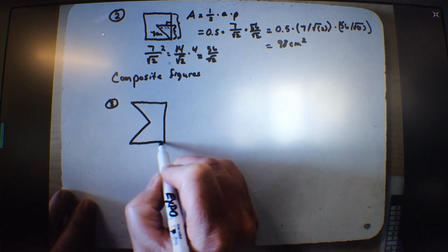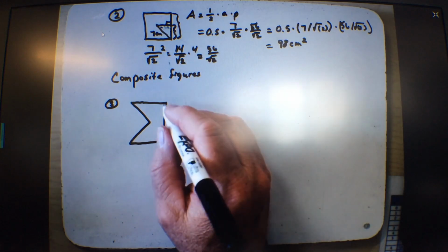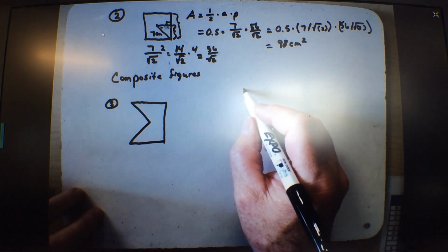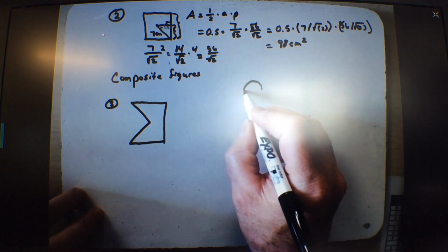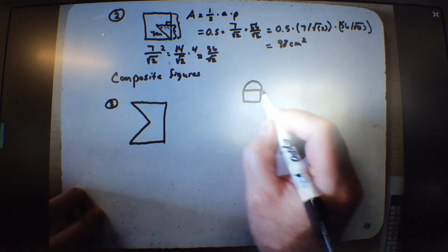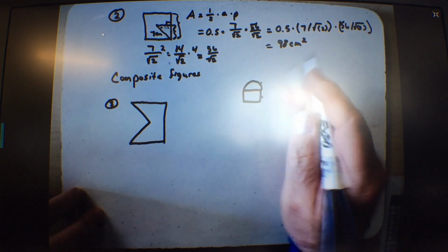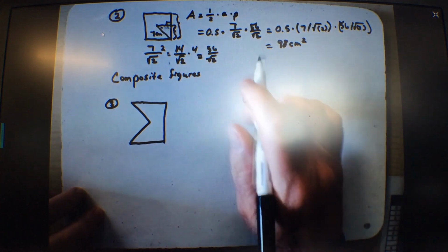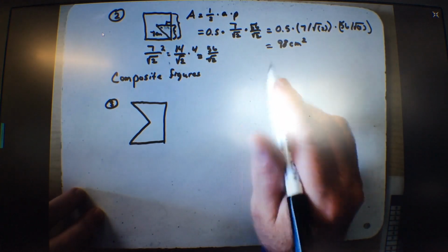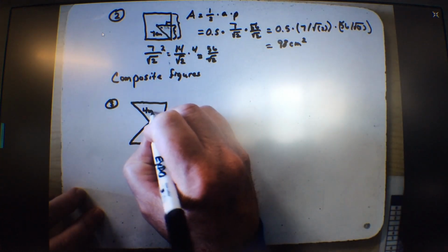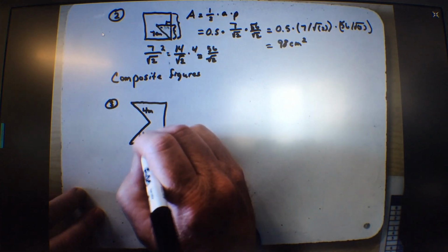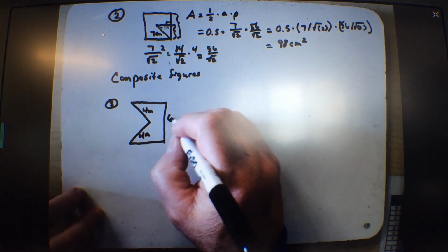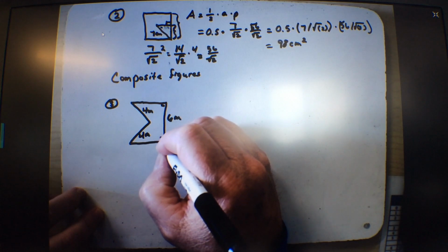Now, this is an interesting one because this is not composite. Sometimes you have something like this and then like this, and you can add these two together. But this one, you took a piece out. So I'm going to tell you that this is 4 meters, and this is 4 meters, and this is 6 meters, and these are right angles.